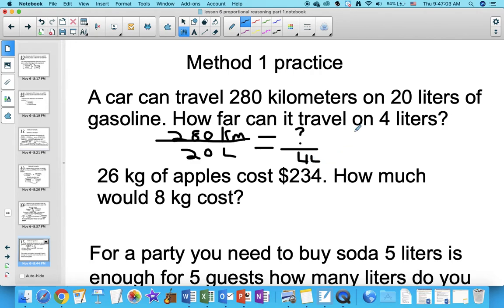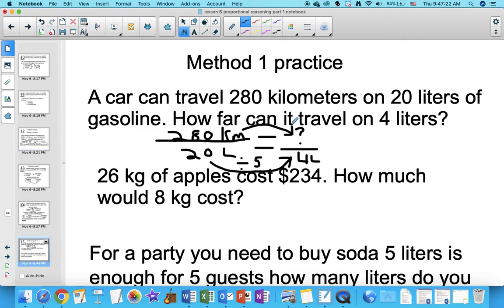So in this case, if we look at our equivalent ratios, I've turned 20 into 4. Well, how do I turn 20 into 4? I divide it by 5. Whatever I do to one side, I have to do to the other.